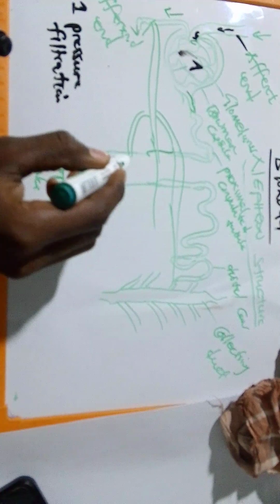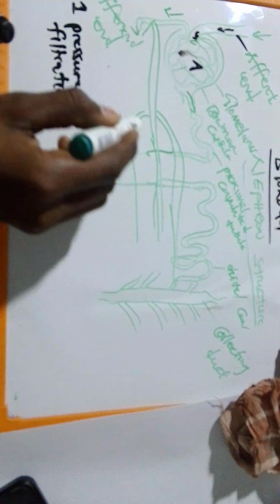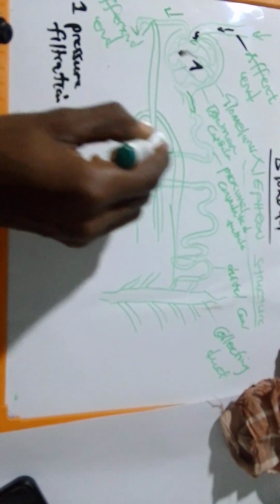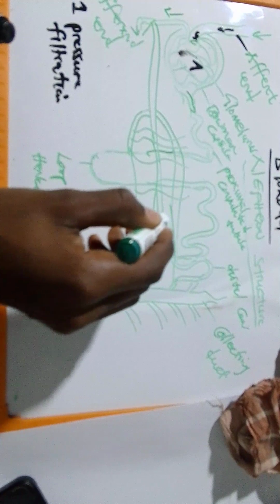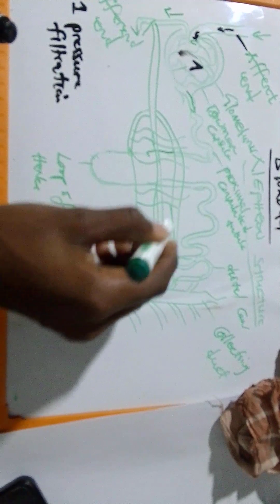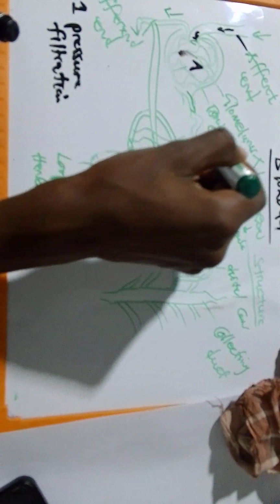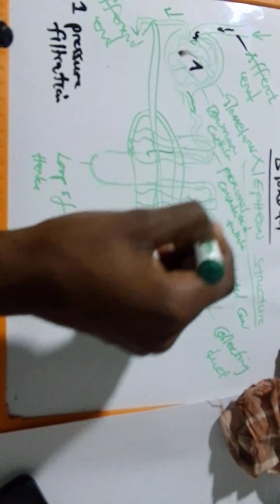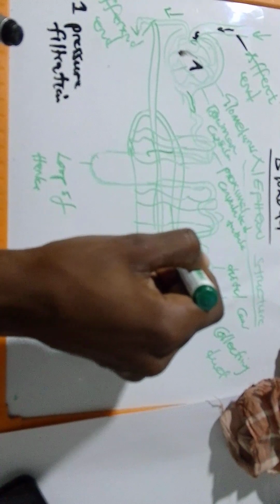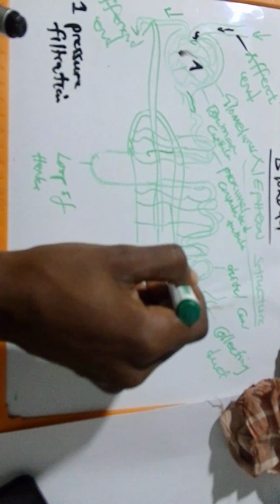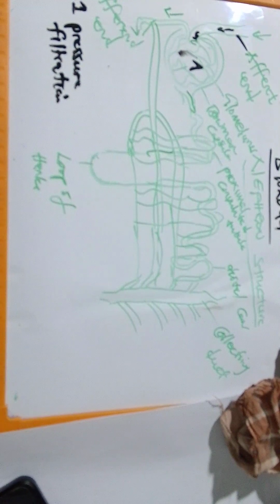But my diagram won't be as neat as I wanted it to be. So the capillaries will be like that, passing within the proximal, the distal, the loop of Henle, all these parts until the collecting duct here. So they will pass through.